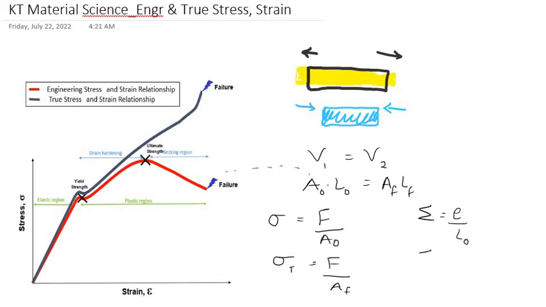While for your true strain, it's going to be an integral of your change in length. So when you integrate this, this is 1 over L dL, 1 over L integrated with respect to L. So this will give you the ln of L. So when you open this, it's going to give you ln LF minus ln L0.